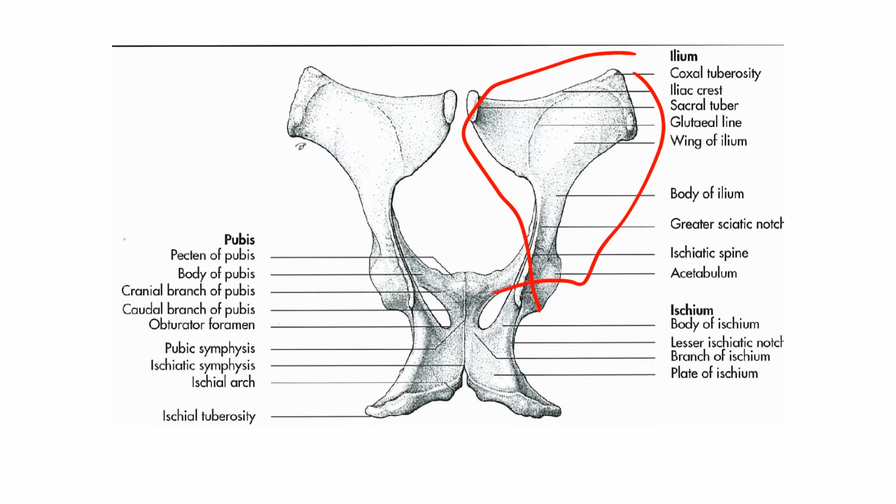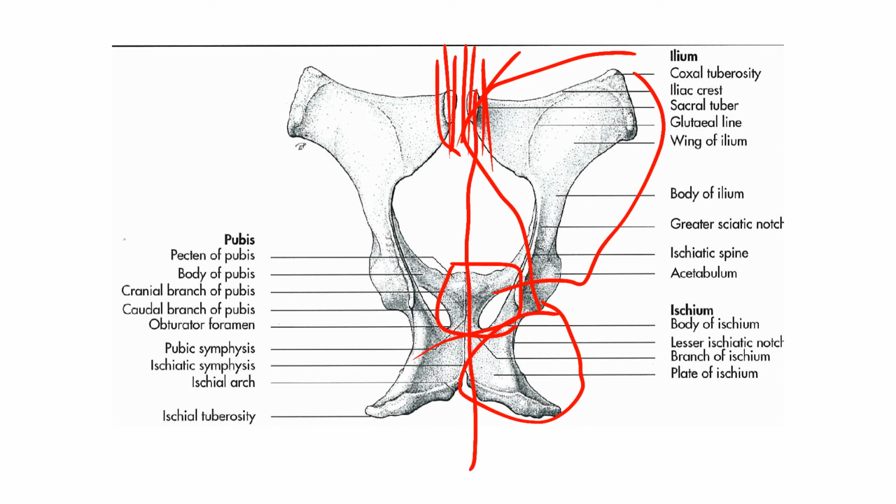This part is called ilium. This is ischium. This is pubis. Same on the other side. There are 2 os coxae divided in midline. Here the sacrum will attach and complete the oval path.